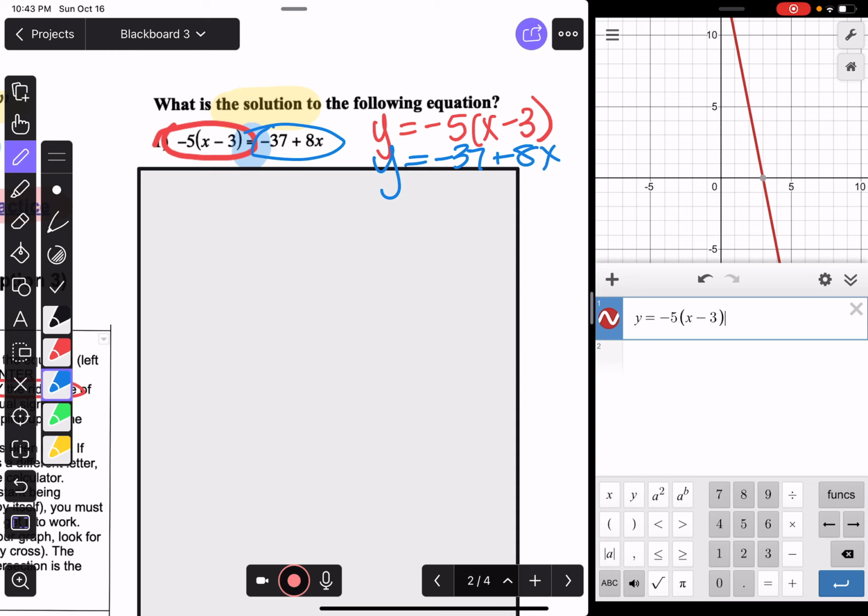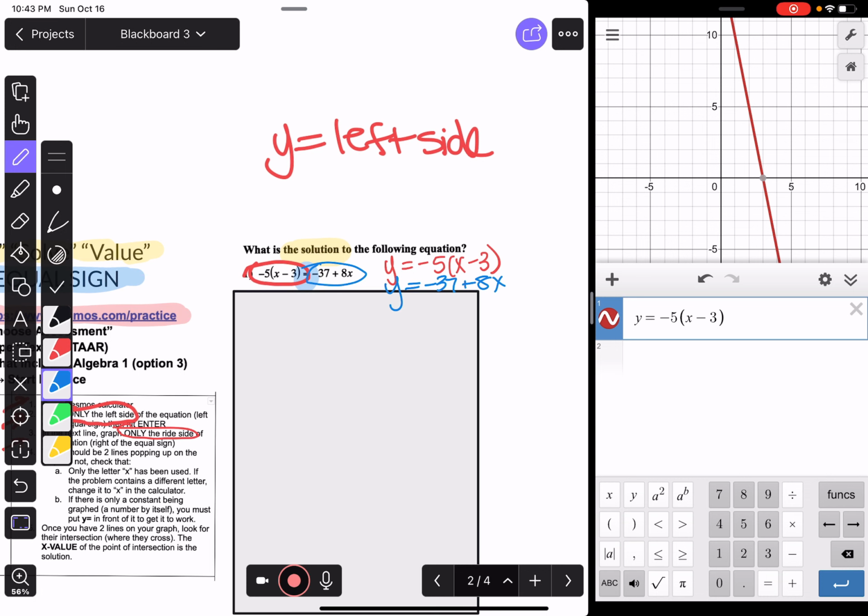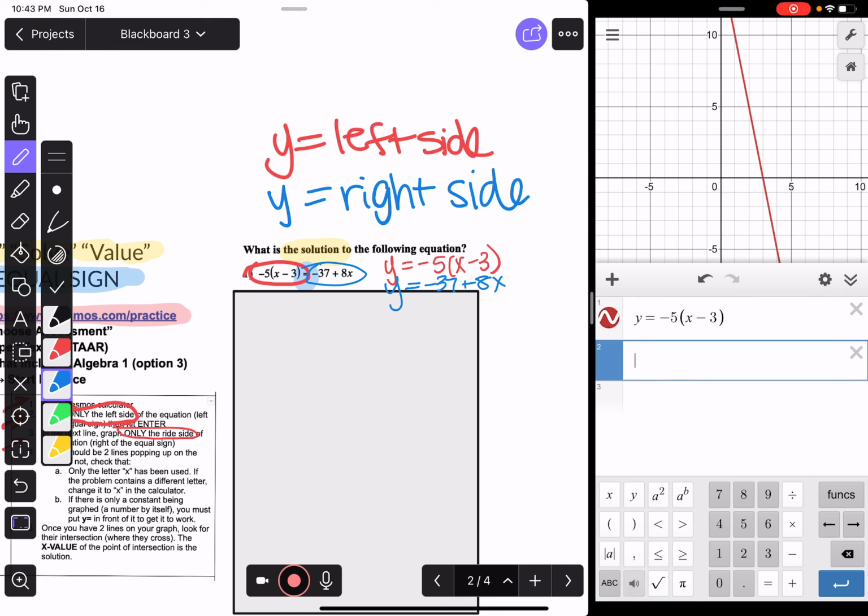Our second line should be y equals the right side of the equation. Y equals -37 plus 8x. And I'll go ahead and add this up here for reference as well. So y equals the right side. So we're graphing two things: y equals the left side and y equals the right side. So let's go ahead and add this in. So y equals -37 plus 8x.